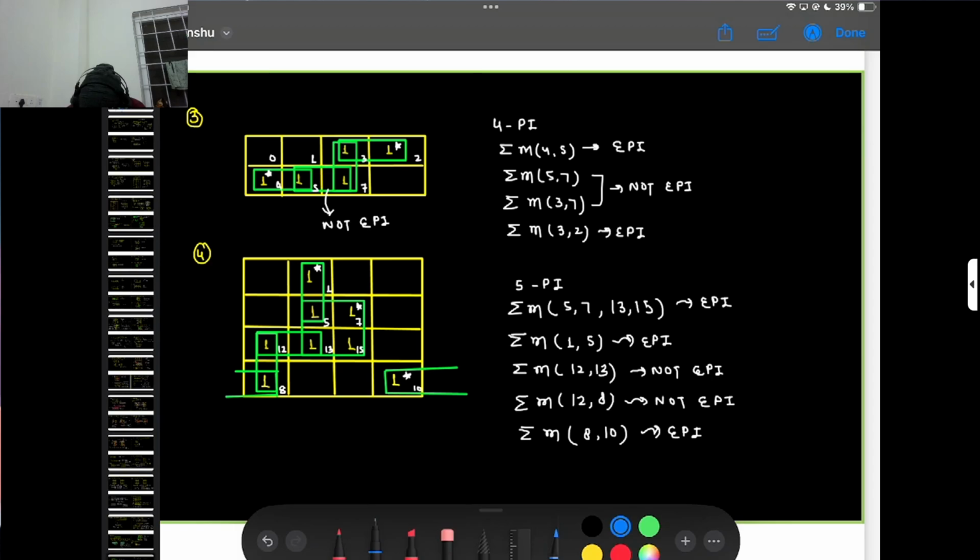M equal to 1 5, that's the 1 and that's the 5 number group.